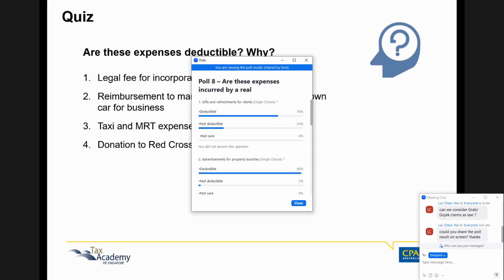Now we are looking at the interest component. If you remember, under section 14(1)(a), if it is interest incurred on a loan taken to acquire capital that is used to acquire income, that is deductible. So the correct answer here is deductible.